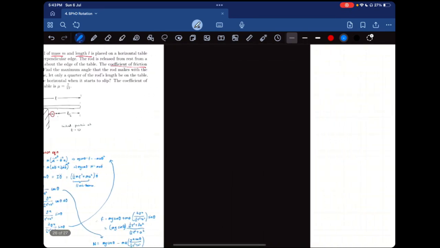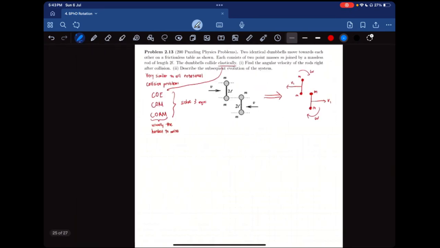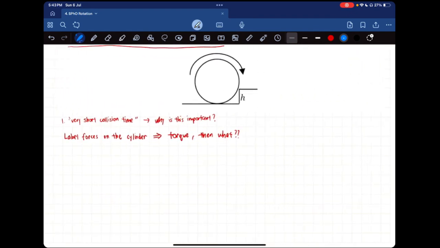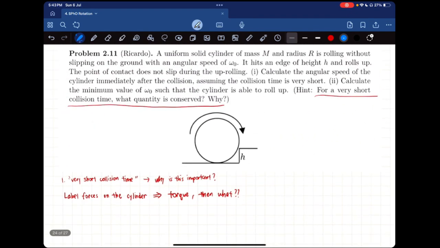If not, we have a bit more time to go into other problems. I want to go into this problem here. So here we have some sort of a rotational collision where this cylinder is rotating, then it collides with this step here.